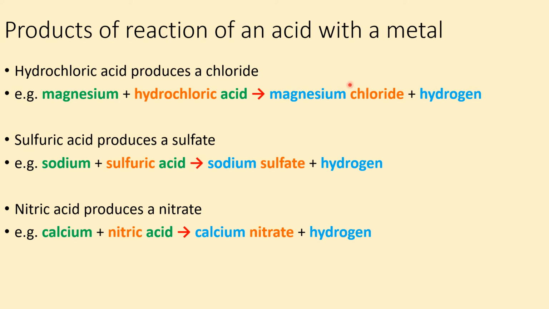But this time we need to notice that we're making salt and hydrogen, because we don't have any oxygen going in at the start. We've just got the metal on its own. It's not joined to a hydroxide or an oxide or a carbonate. When we get into symbol equations in a bit more detail, that will become clearer.